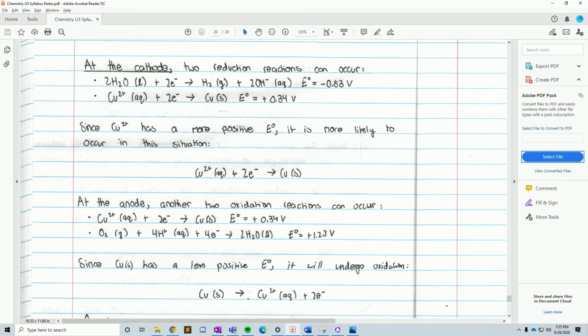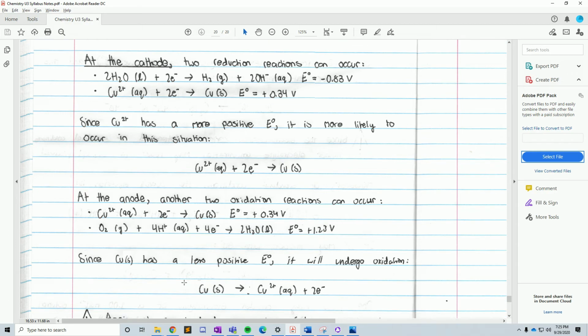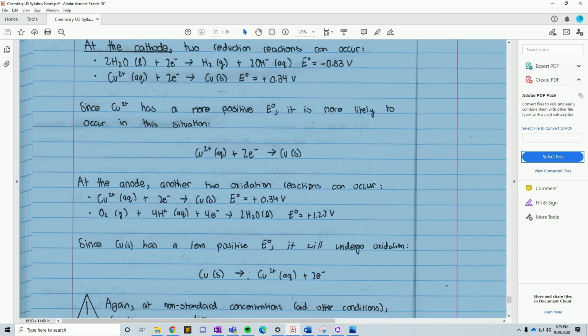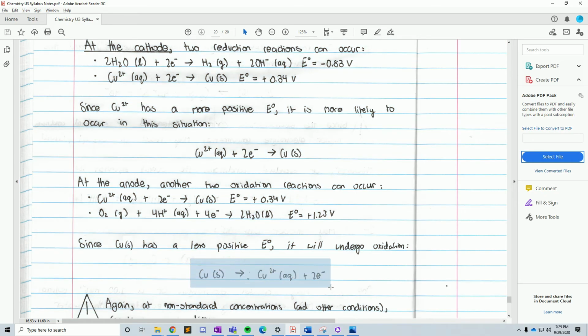So, kind of a shortcut here: since Cu has a less positive E in this writing as a reduction equation, it will undergo oxidation. And so we have there the two equations. That's reduction here, and then oxidation here. Cool.